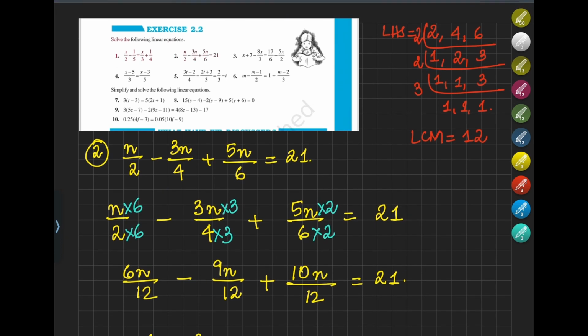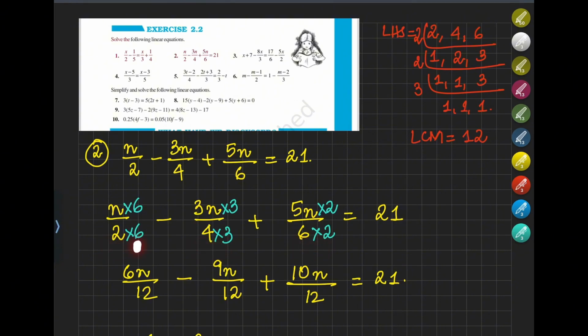Let's see what did we do in the second question. First, the denominators were different, so we couldn't solve the fraction. For that, what do we have to do? We have to take the LCM of the numbers that are in the denominator. So we took the LCM and calculated it to be 12. We are doing so that the denominator of all the fractions become 12.